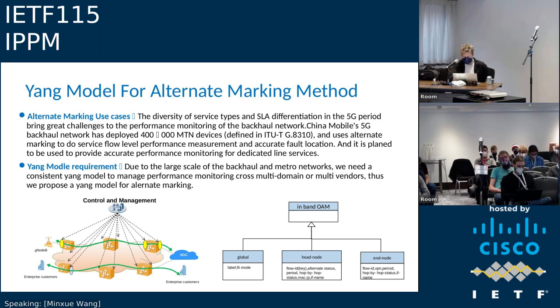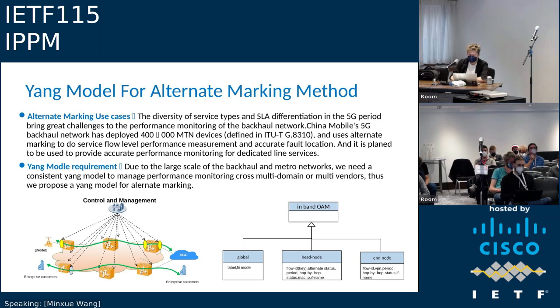In the global object, we have some labels and also some FEC mode for the global configuration. In the head node, we can configure the flow ID as a key parameter and also the alternate status, period, hop-by-hop status, MAC, IP, and the interface name, and there are some other parameters that I didn't list here.